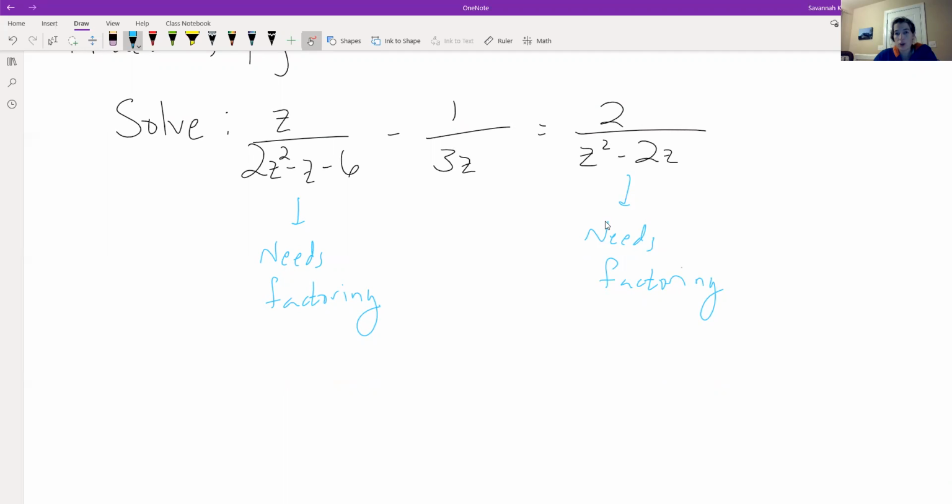That factors very quickly because we're just going to pull out a GCF of z. Okay, we're done. The other one, there is not a GCF other than 1. We're going to have to do the AC method.